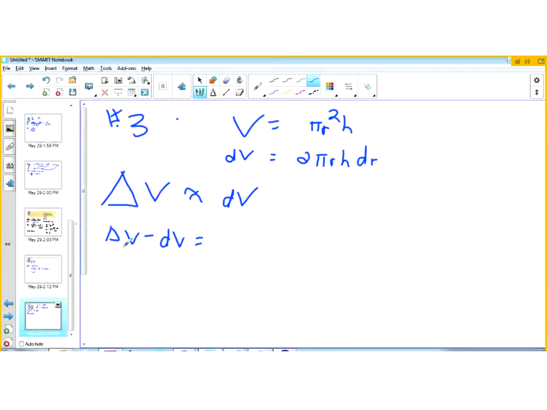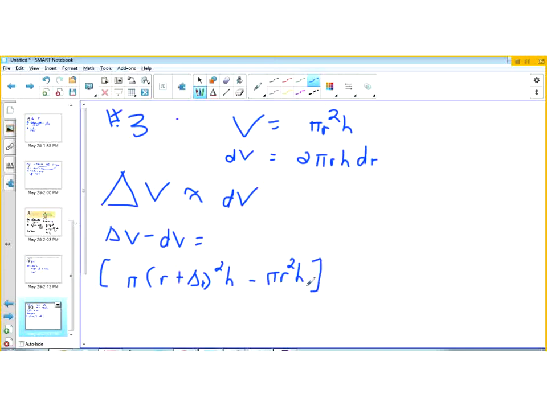And so that would be calculated like this. We would have pi times (r plus delta r) squared, times h, minus the actual enclosure.